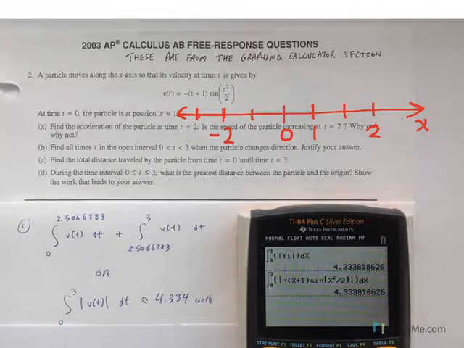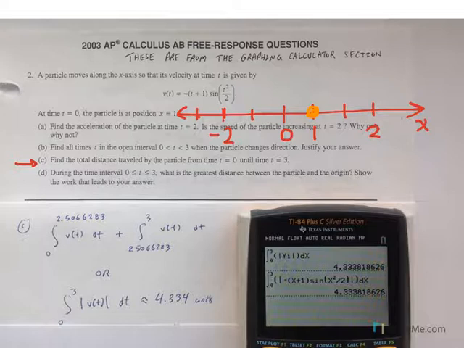So now we look at part C. In part C, we have to find the total distance traveled by the particle from time t equals 0 until time t equals 3. So we know that the particle starts at x equals 1 at time t equals 0.